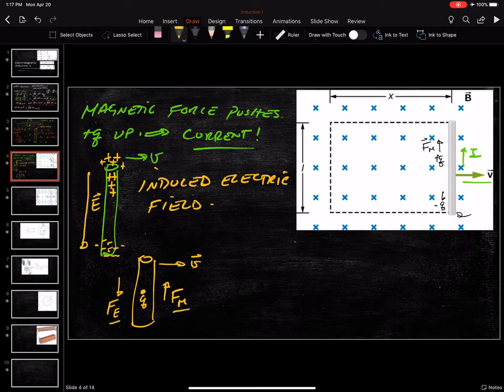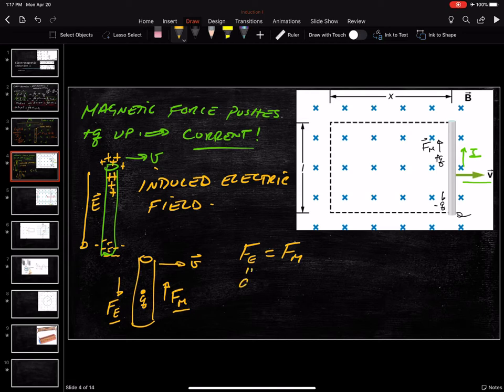And when that happens, this charge isn't going to feel any net force. It either won't move or it's just going to keep moving in whatever direction it was going, but the current essentially stops in that case. And so the current stops when the electric field gets as big as possible, when these two forces balance out, and that happens when the electric force equals the magnetic force.